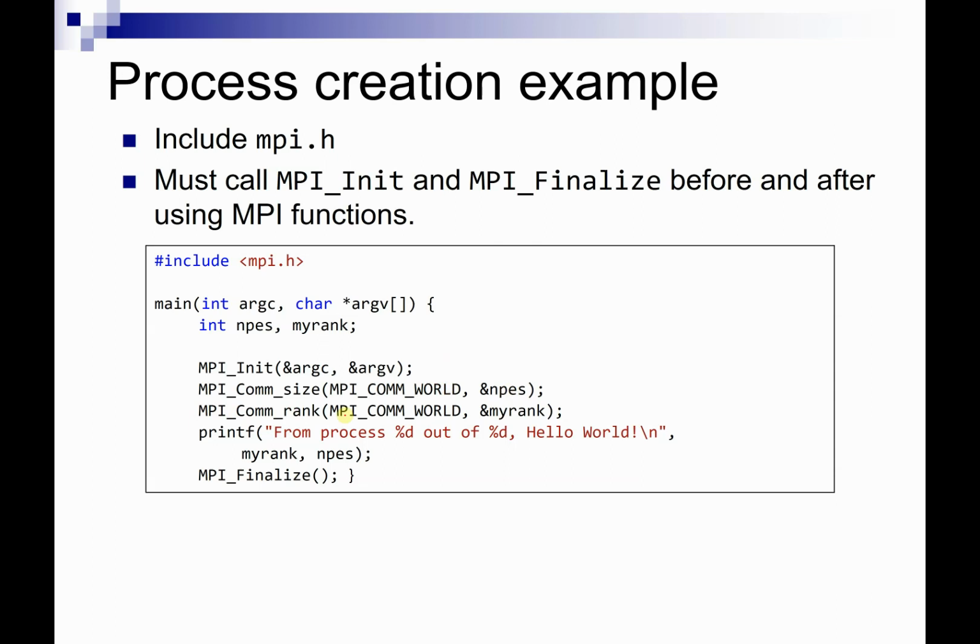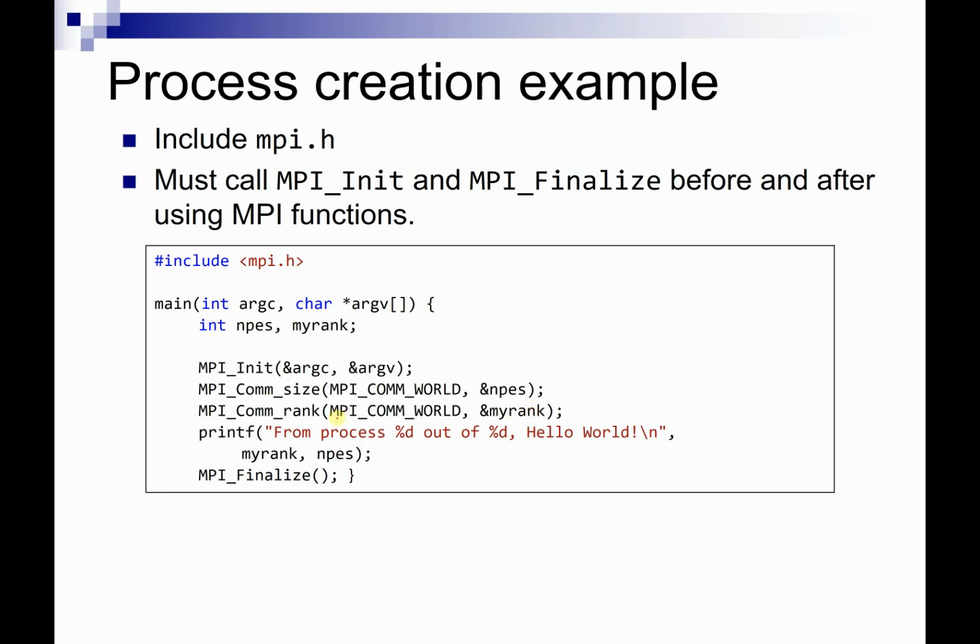And now MPI comm rank. Remember that we're running this program on multiple processes. So each process, when it calls this function, is going to get that process's own rank. So if you call this with 8 processes, and I'm process number 5, then my rank is going to become 5 over here.